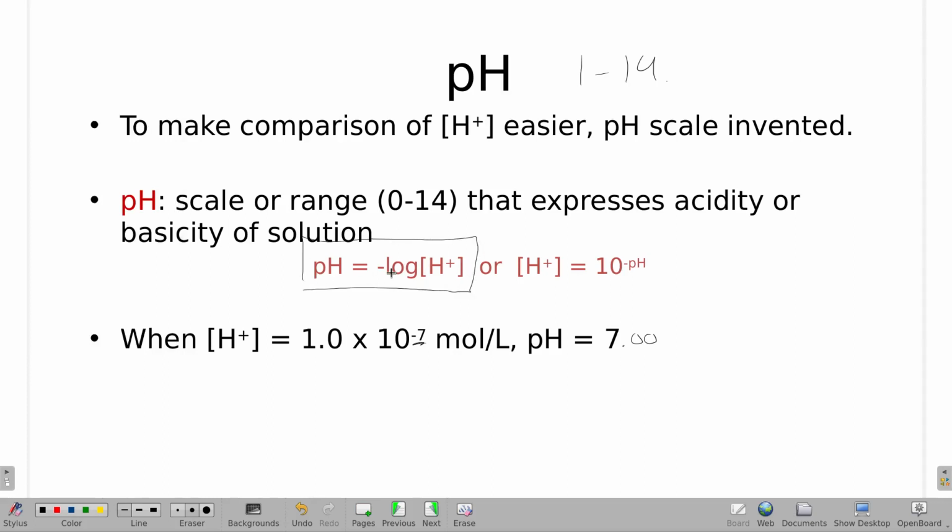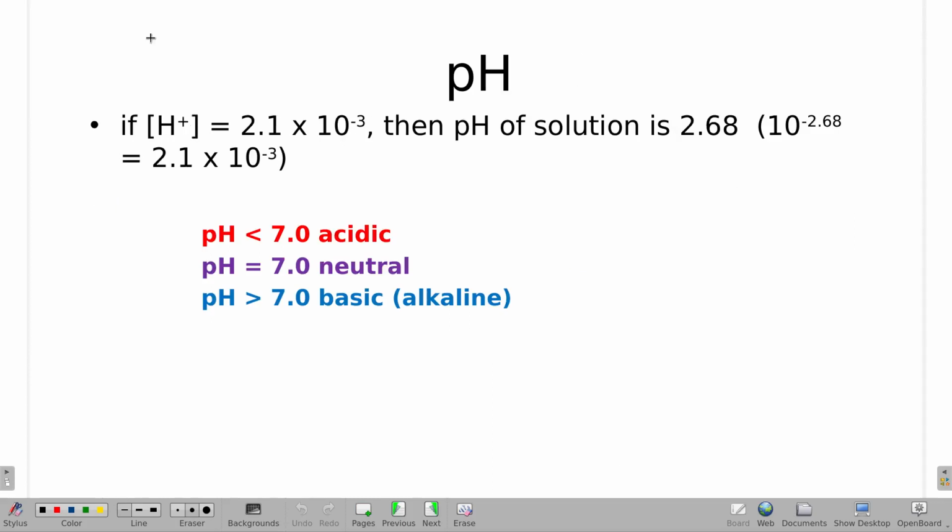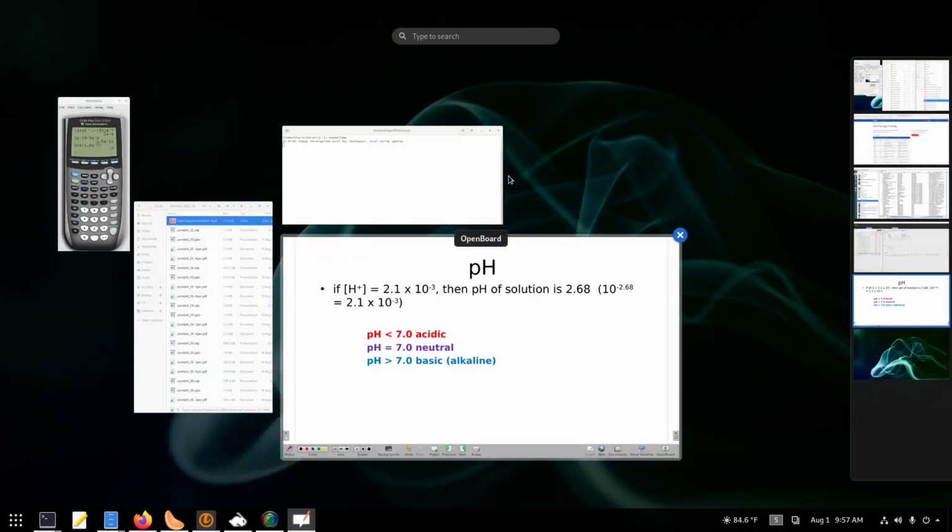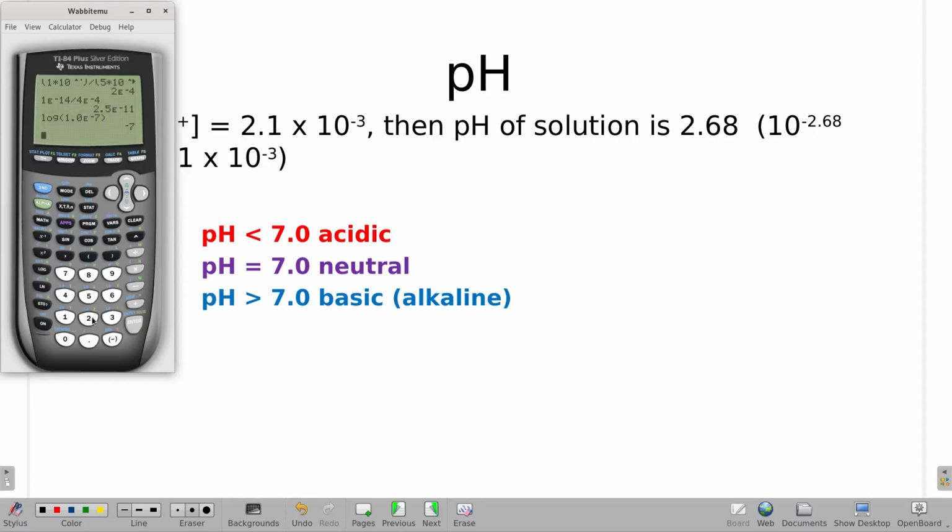So since it said negative 7, we flip the sign. So if I wanted to actually calculate this, the H3O of 2.1 times 10 to the negative 3, I would put that into the calculator like so. I take the log of 2.1 times 10 to the negative 3rd, and I get 2.67. That's where this came from.